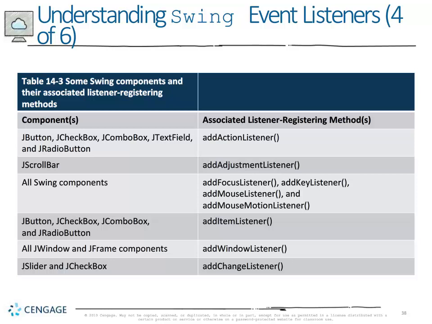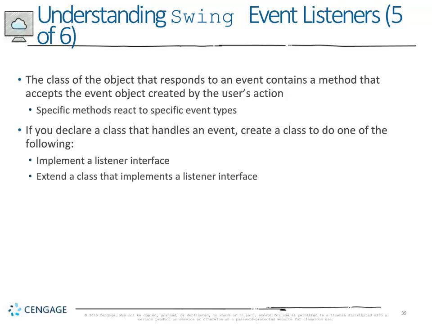For example, when you want a JCheckBox to respond to the user's click, you can use the addItemListener method to register the JCheckBox as a type of object that can create item events. The argument you place within the parentheses of the call to addItemListener is the object that should respond to the event.